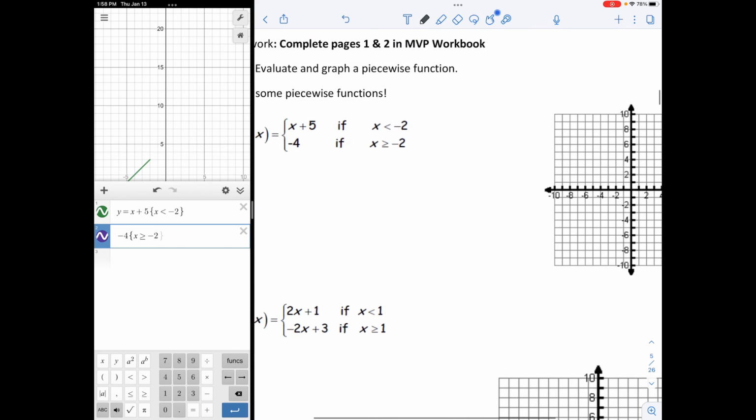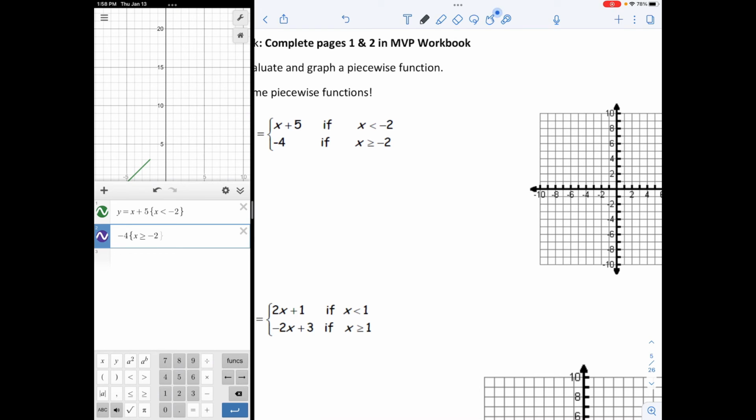So we have x plus 5, with a y-intercept of 5, and we're going to have an open circle there, because it's just less than, and it has a slope of 1. So I'm going to go down 1 and to the left 1, because that's what it looks like on Desmos. And I'm going to draw my line, and I'm putting an arrow on it saying that it's going to go on and on forever.